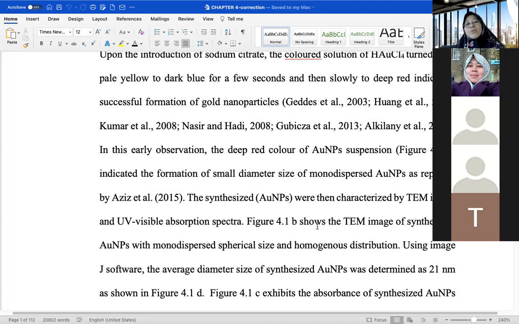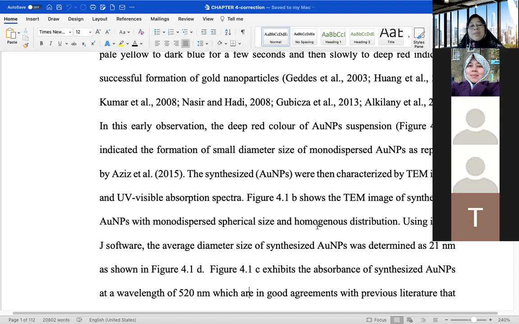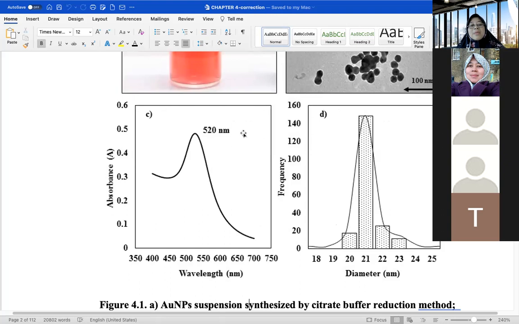Because when you say nano, it should be nano, right? And then the other evidence is the UV spectra, because the UV has been done by someone else. Not to say it has to be 100% similar to the previous research, but there is a guideline at a certain spectrum, saying that you have obtained gold nanoparticles, because this peak has been observed by other researchers many times.